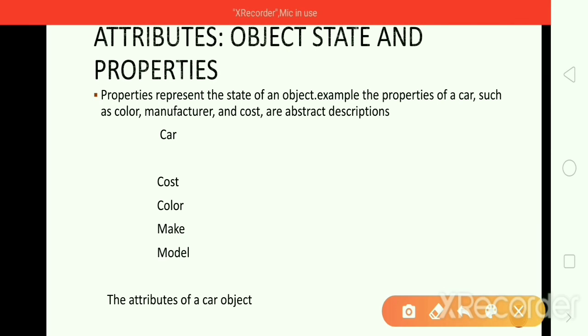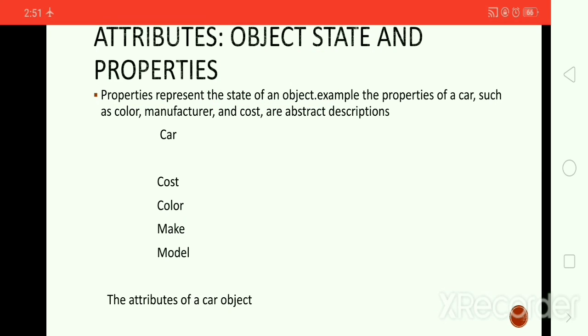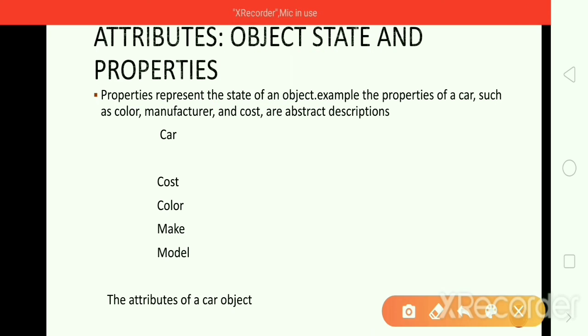Attributes, object state and properties. Properties represent the state of an object. So guys, properties represent the state of an object, the object state. Example, the properties of a car. If you consider a car, the properties of the car can be its color, manufacturer, cost. These are abstract descriptions.